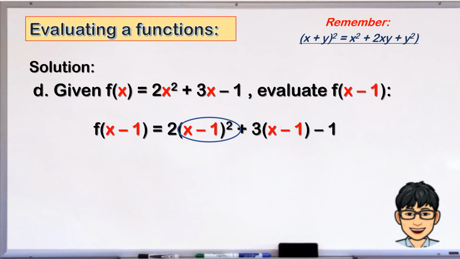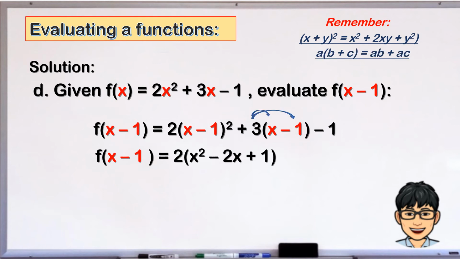Sabi sa square of binomial, x plus y squared is equal to x squared plus 2xy plus y squared. Kaya, the quantity of x minus 1 squared is equal to x squared minus 2x plus 1. And then, next, gamitan natin ito ng tinatawag na distributive property.